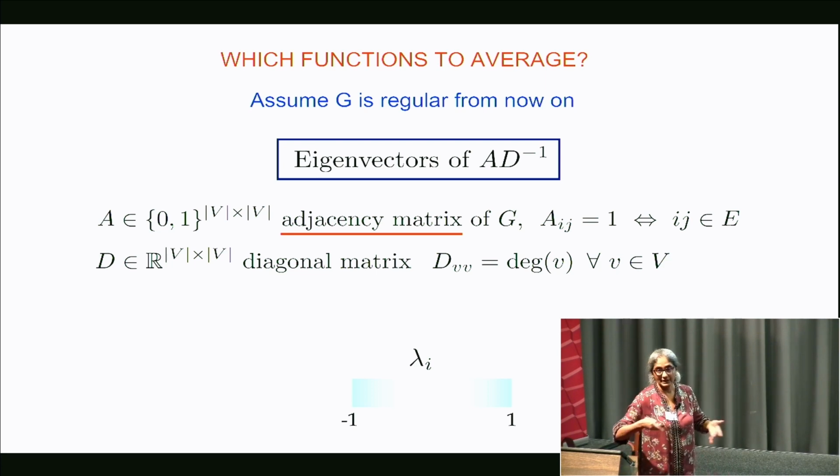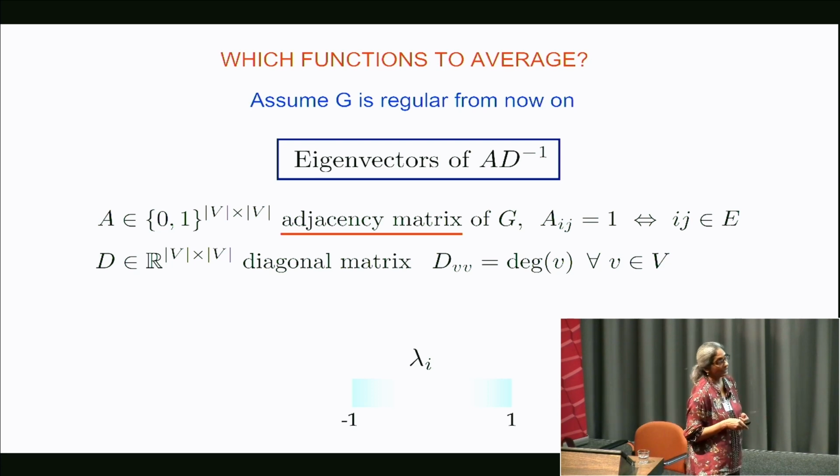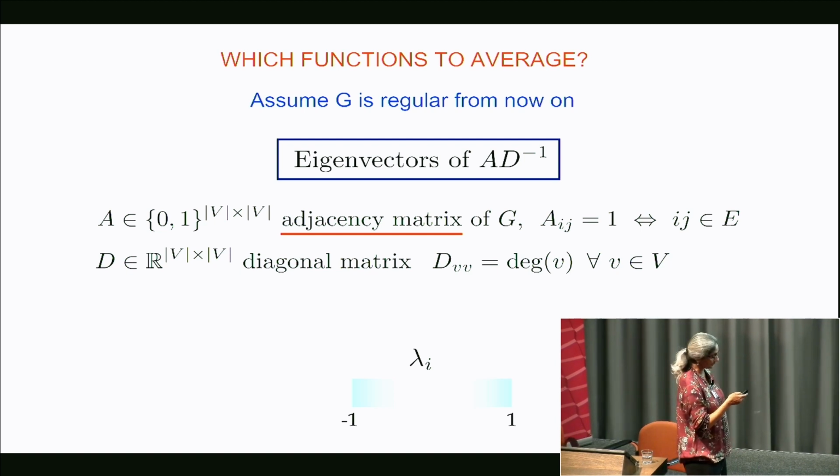Because of Perron-Frobenius, we know that means the spectrum lies between -1 and 1. The biggest eigenvalue is 1. It's always attained. I'll call this the trivial eigenvalue. And then all other eigenvalues have absolute value less than or equal to 1. So the spectrum lies inside this interval.